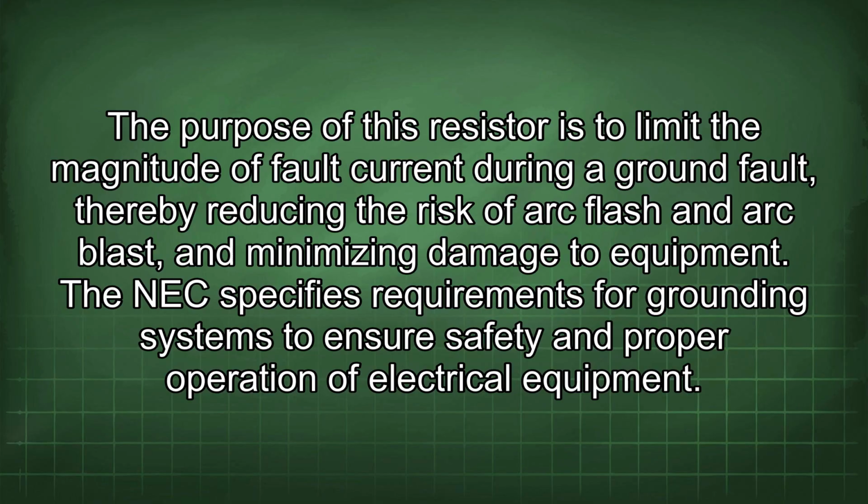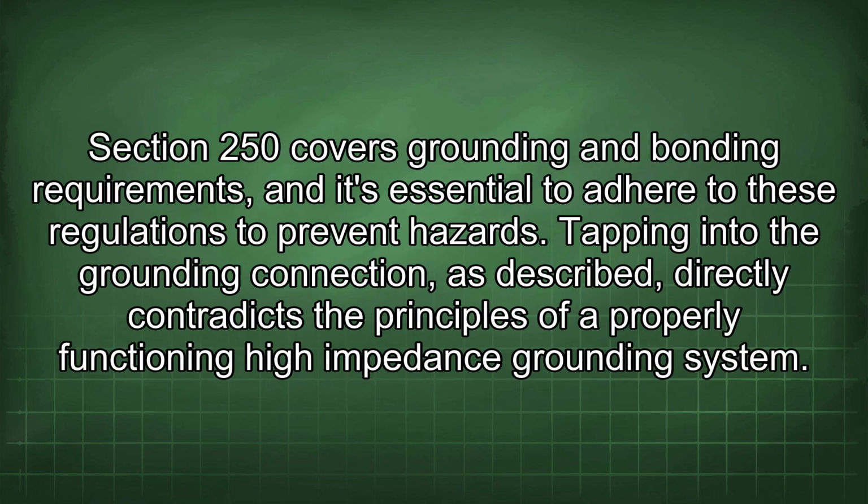The NEC specifies requirements for grounding systems to ensure safety and proper operation of electrical equipment. Section 250 covers grounding and bonding requirements, and it's essential to adhere to these regulations to prevent hazards. Tapping into the grounding connection, as described, directly contradicts the principles of a properly functioning high-impedance grounding system.